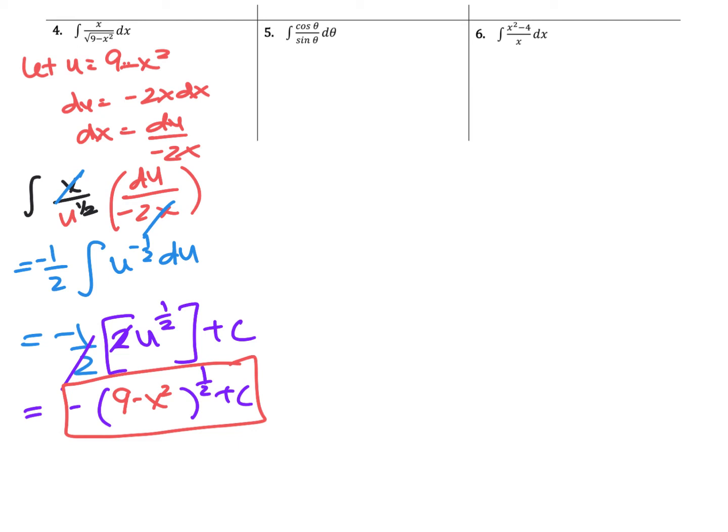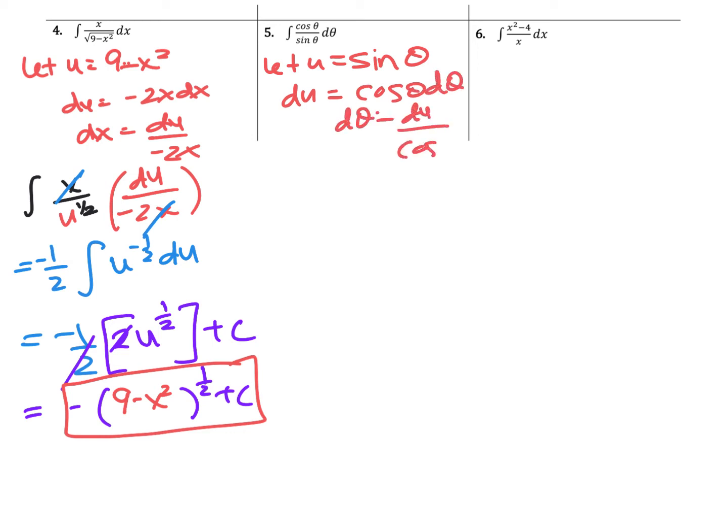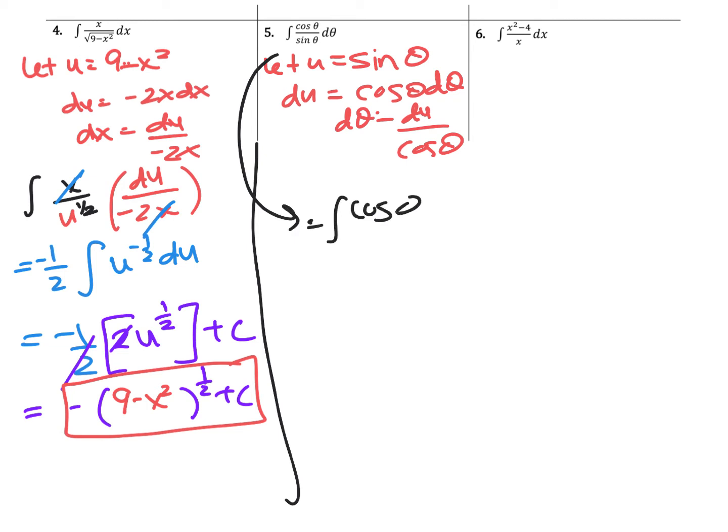So that leaves me with u substitution. Why don't we let u equal the denominator? So du is going to be cosine of theta d theta. So d theta is du over cosine of theta. So this integral is going to be equal to cosine of theta over u times du over cosine of theta.